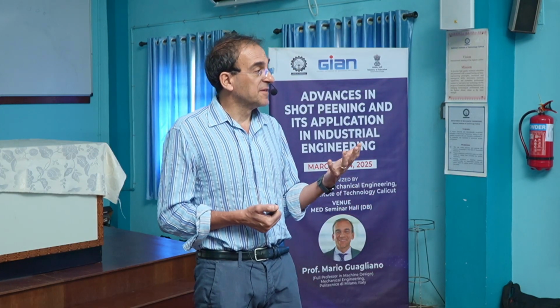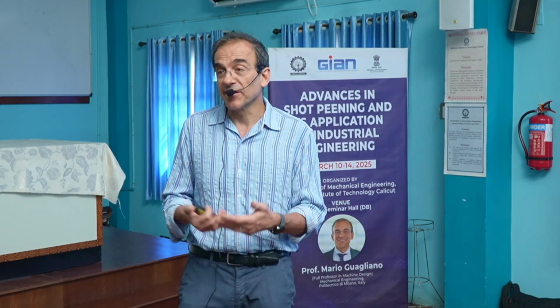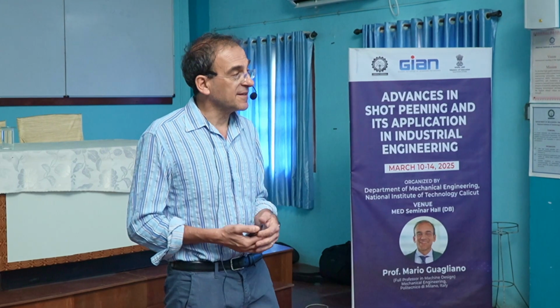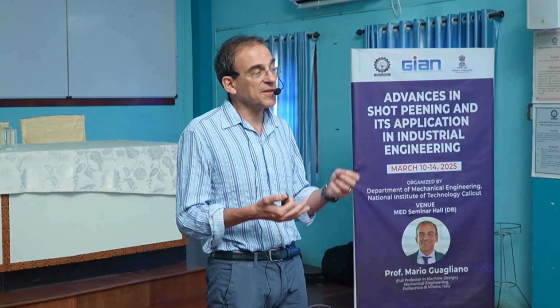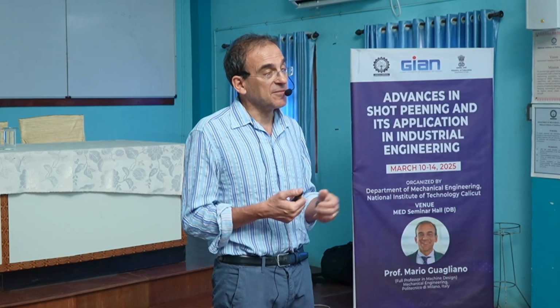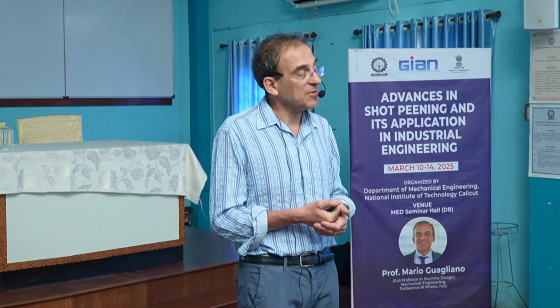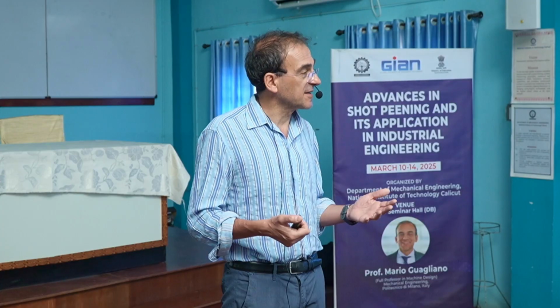Because carburized steels are widely used for gears, and shot peening of gears is one of the main applications of shot peening in the power transmission industry. Most of the time, when the power to be transmitted is huge, we need to shot peen the gears.